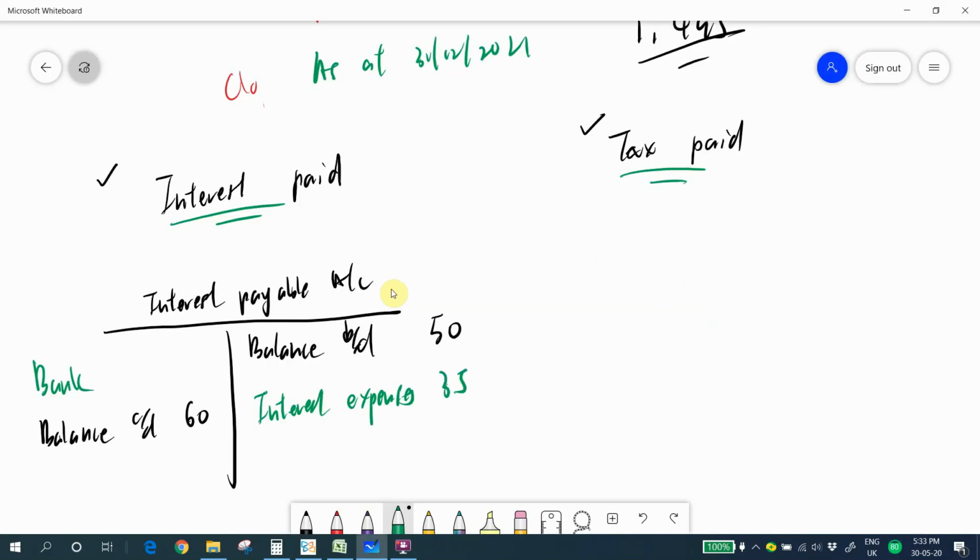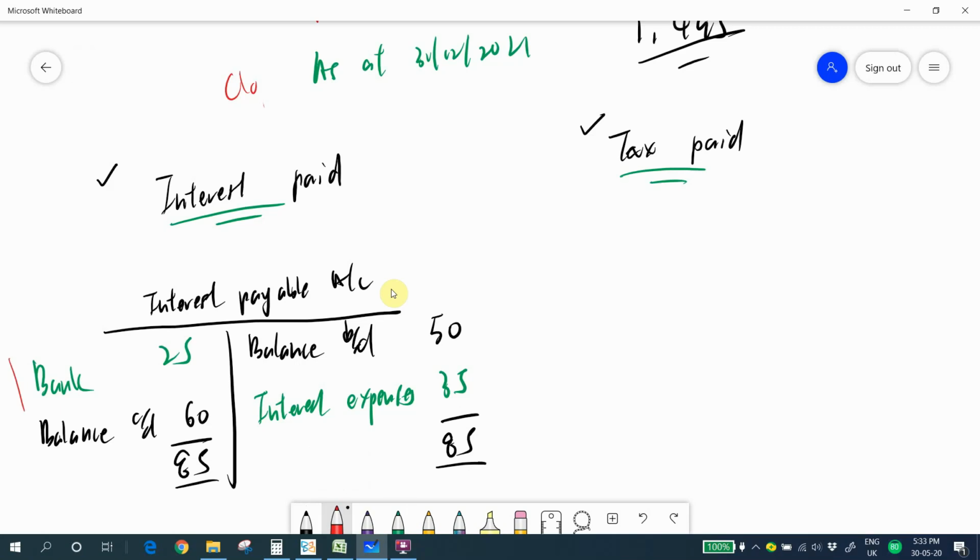So we write 35 here. So our credit will be 85, debit will be 85 as well. So by doing the analysis, we know that the missing information is 25. This 25 will be our payment, interest paid.